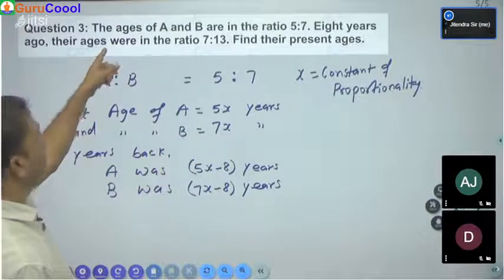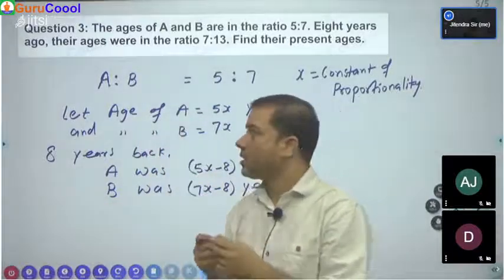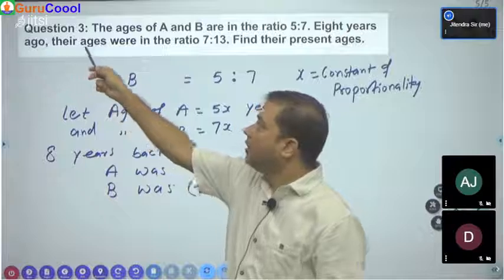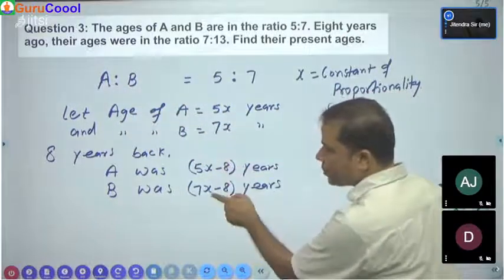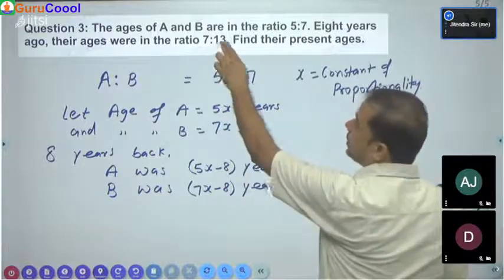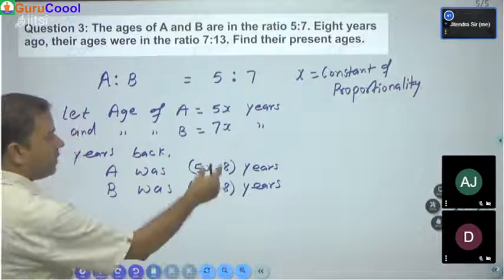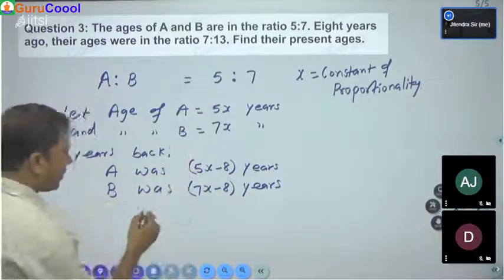But what is the question telling? Read over the question. The question gives you some conditions. 8 years ago, their ages were in the ratio 7:13. That means the ratio of these two ages should be 7:13.